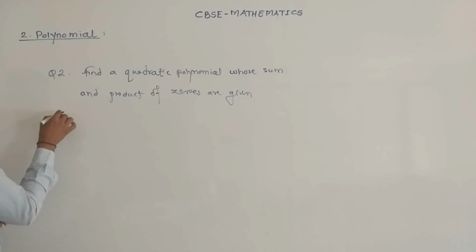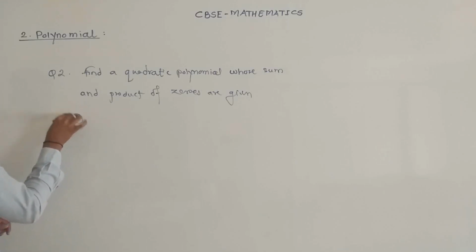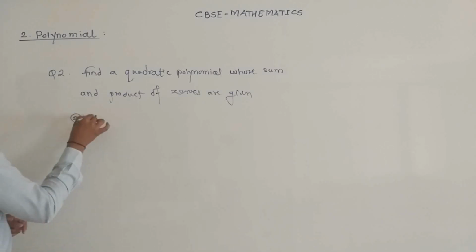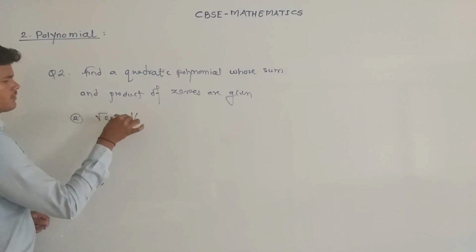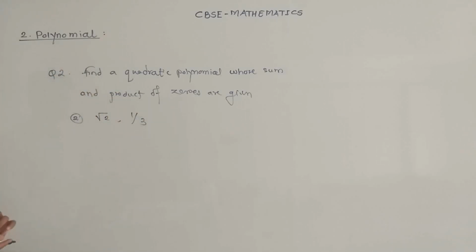So the second sub question is under root 2 and 1 by 3. Here sum of zeros is under root 2 and product of zeros is 1 by 3. From that we have to find a quadratic polynomial.